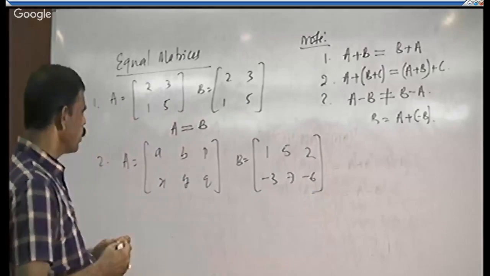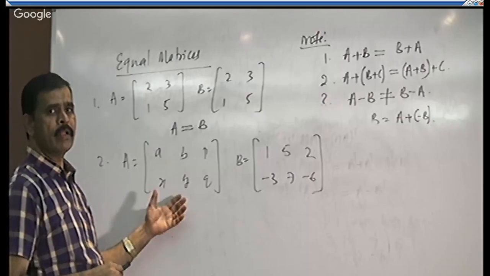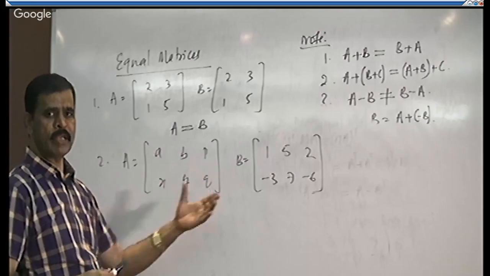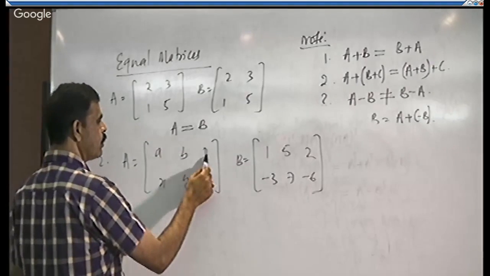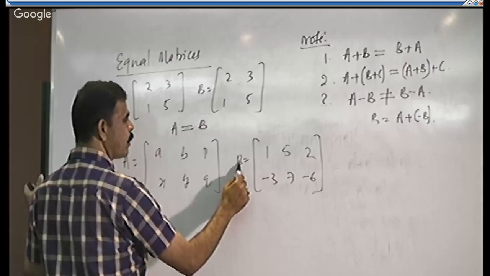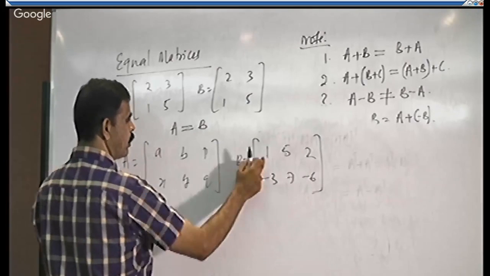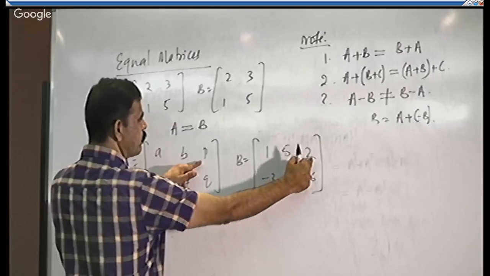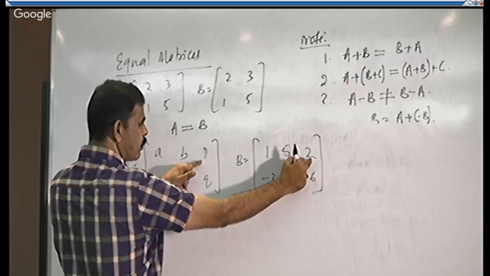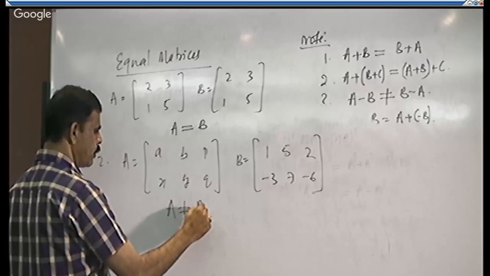Can you call A and B are same? Definitely, by looking into them, we can say no. Why? In the first row of the first matrix, A, B, P is there. In the second matrix, the elements are not same. Here it should be A, here it should be B, here it should be P. Basically, A is not equal to B.